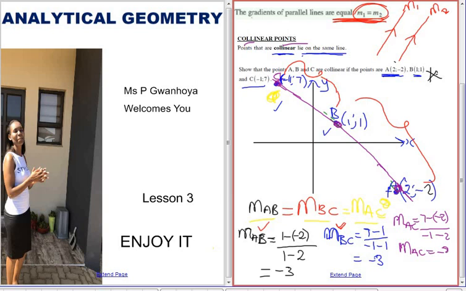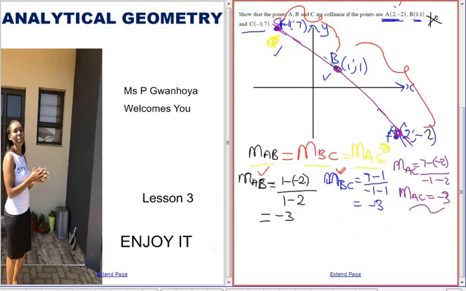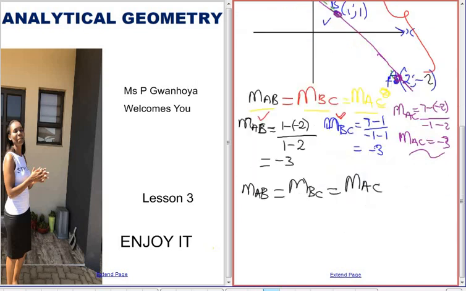So we will definitely get negative 3. We have established that the gradient of AB is equal to the gradient of BC, which is equal to the gradient of AC. It's all equal to negative 3. Therefore, A, B, and C are collinear.